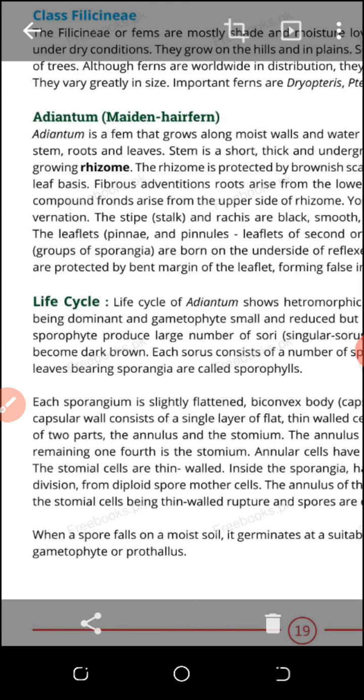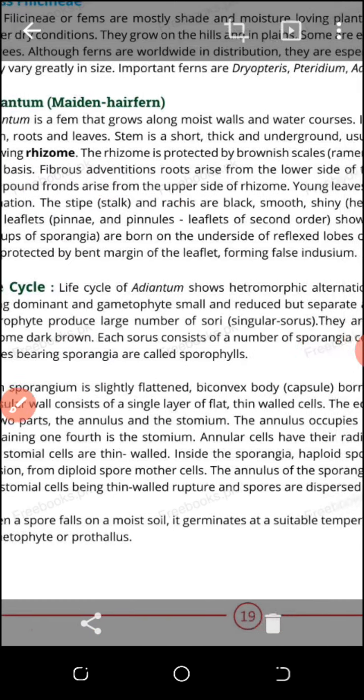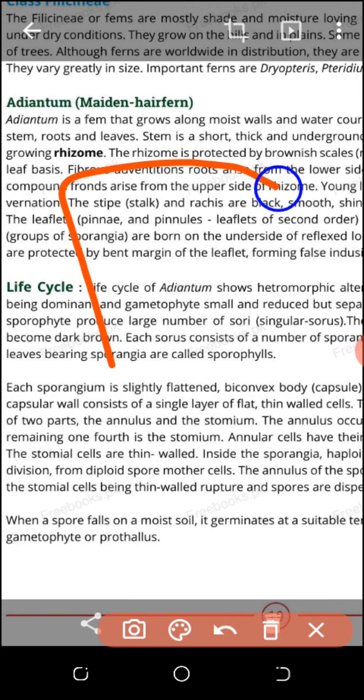In Bryophyta, the sporophyte was depending upon the gametophyte, and the sporophyte was reduced. Here in this case, the main plant having root, stem, leaf, that is sporophyte, which produces the spores. Spores will develop into a very small heart-shaped structure, and that heart-shaped structure is the prothallus.